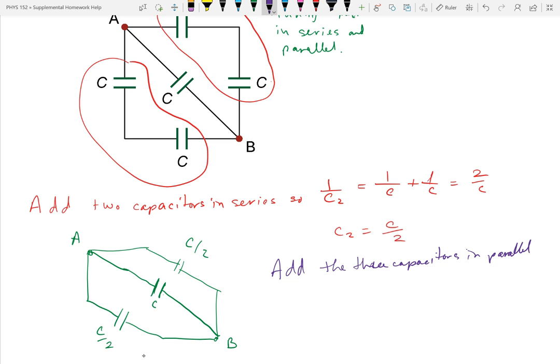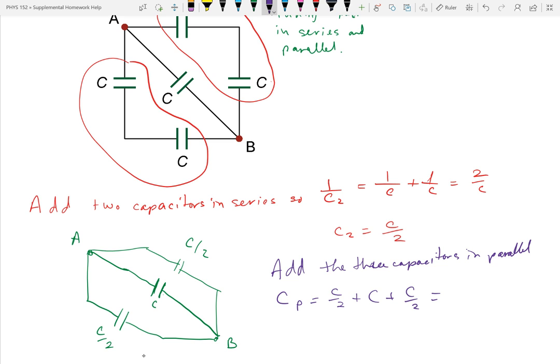So we're going to have C parallel is equal to C over 2 plus C over 2 plus C. What do we get when we add those together? Let's start with the easy part. What's C over 2 plus C over 2?